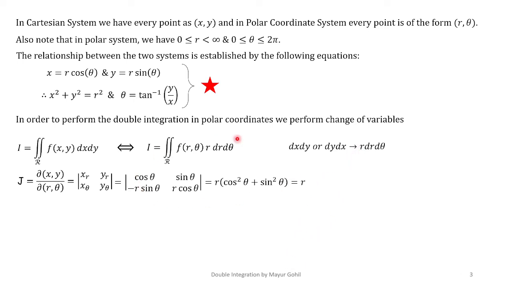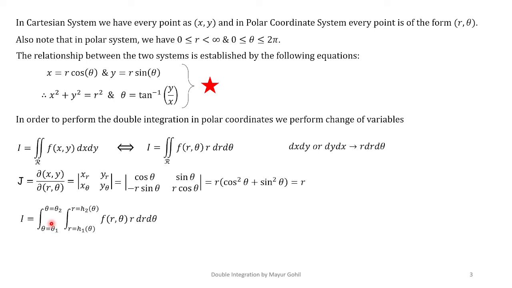Now once we are set up with the differential and the function, we need to write the limits. The limits are written in this format. The outermost limits of the polar coordinates are always the values for theta.